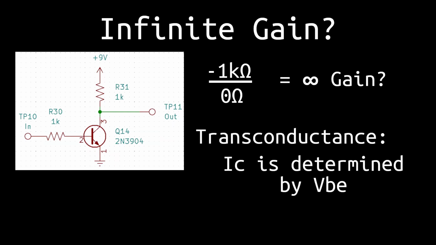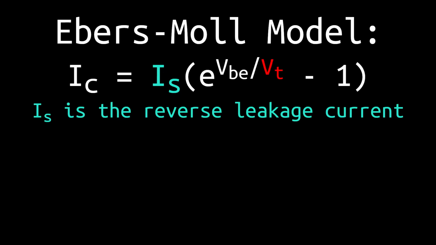The idea behind transconductance is that the current through the collector is not determined by base current, but rather base voltage. The equation behind this idea is the Ebers-Moll model, which comes with the equation IC equals IS times e to the VB over VT minus 1, where IS is the reverse leakage current and VT is the thermal voltage for the transistor.